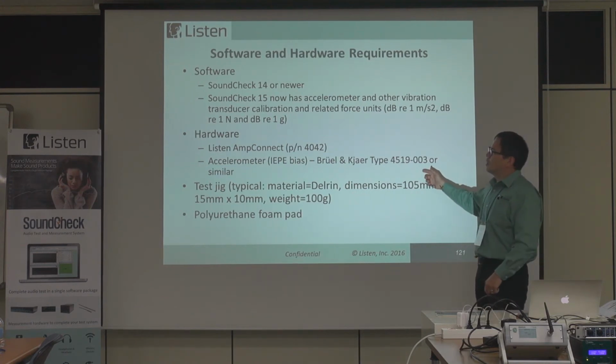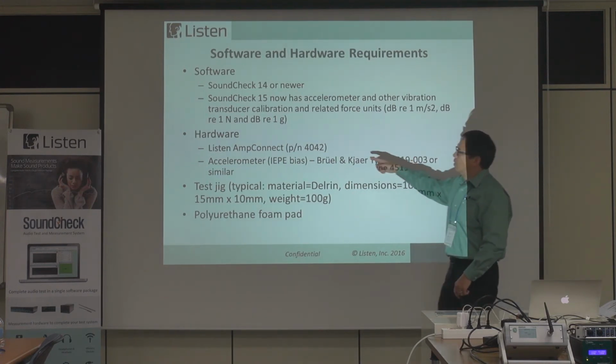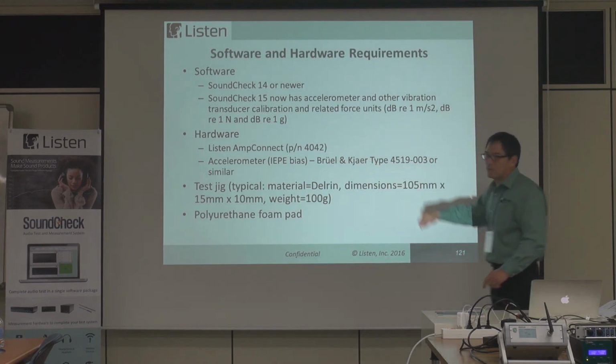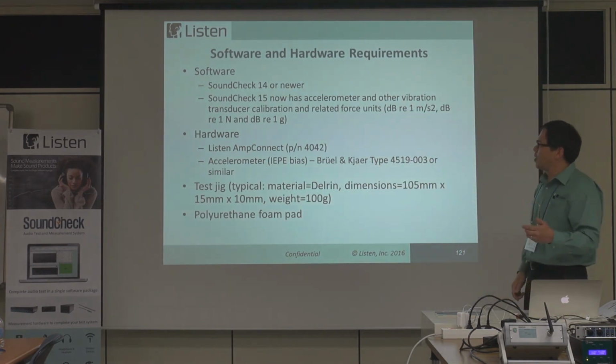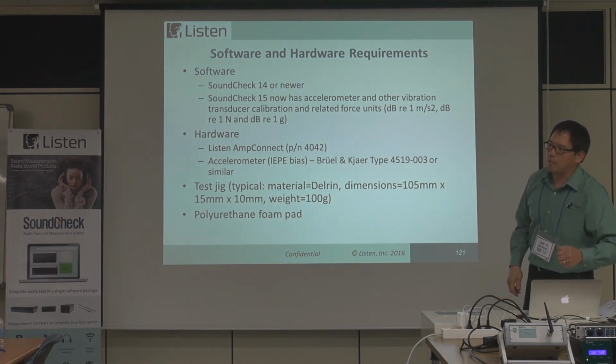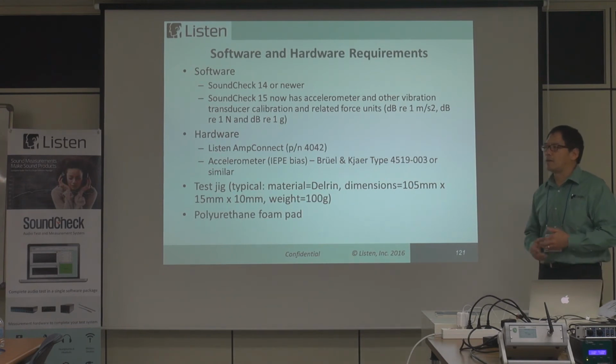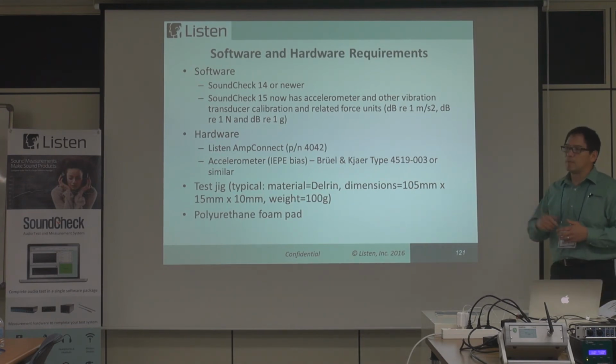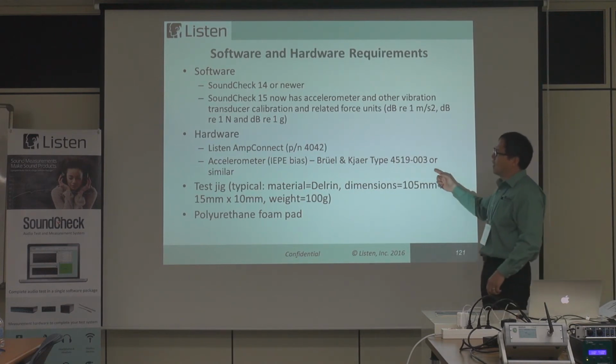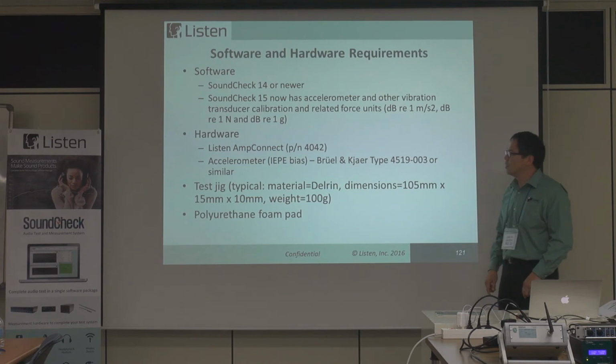In this sequence, we have a listed amp connect, but in fact, instead of an amp connect, I just have the SCAMP, which is the same thing. It's a power amplifier with a reference resistor in it, so I can measure impedance. And we have an IEPE bias accelerometer from Bruel & Kjaer, a 4519.